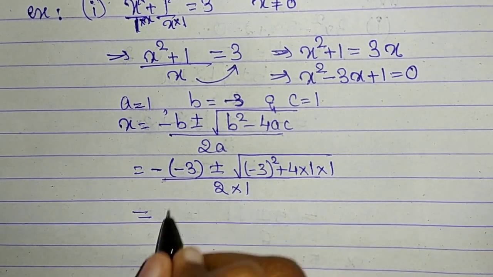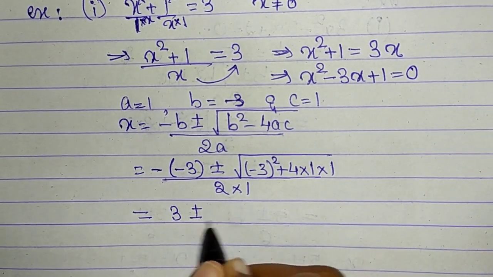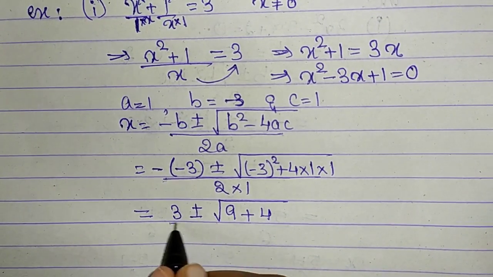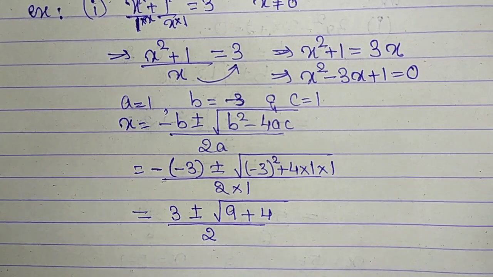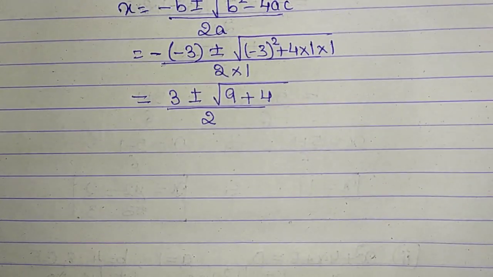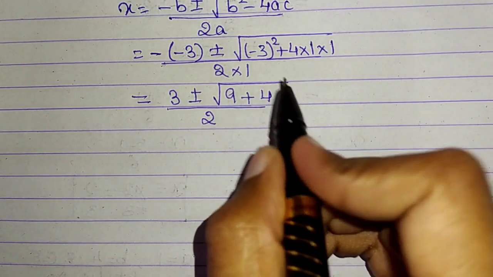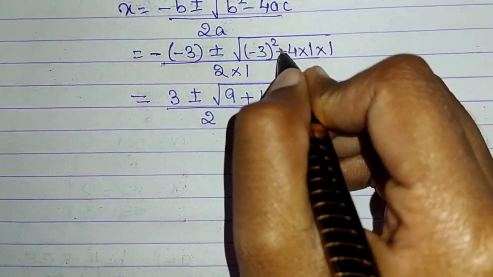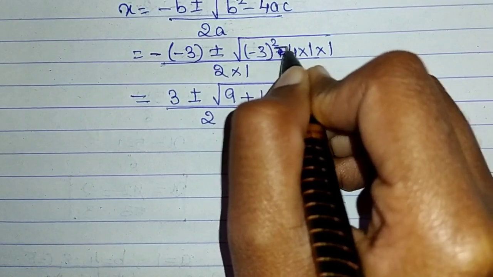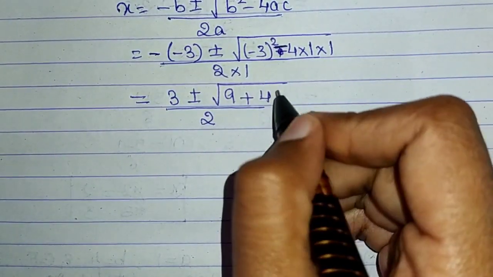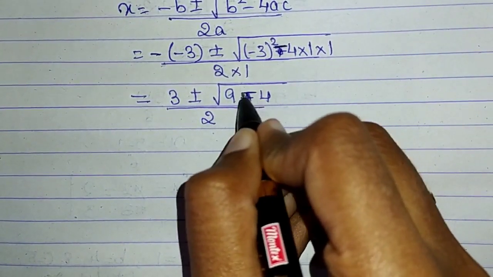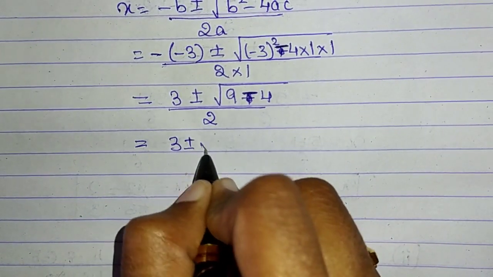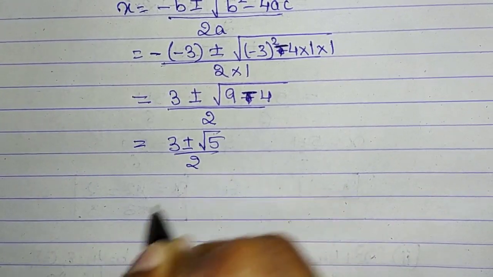So this is equal to minus into minus plus 3 plus or minus 9 plus 4 divided by 2. Sorry, make a slight correction. It is b square minus 4ac. So 9 minus 4. So this is equal to 3 plus or minus root 5 by 2.